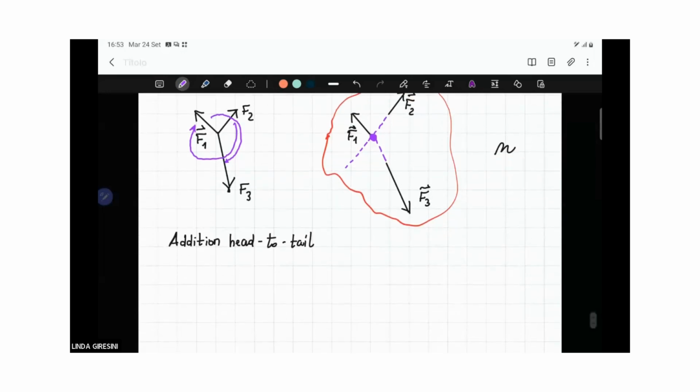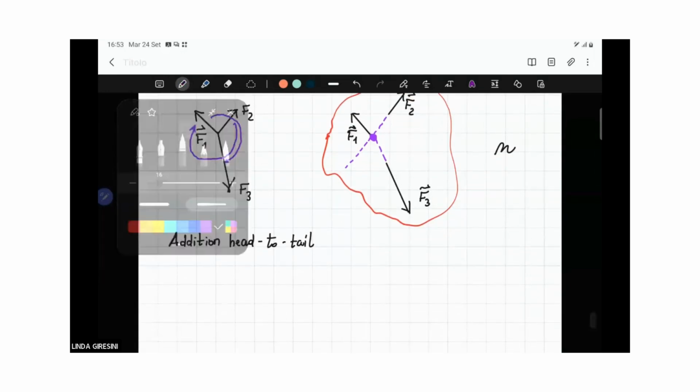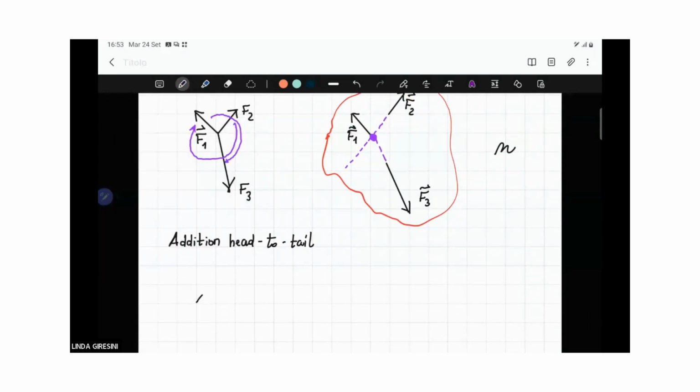For example, let's start from F2. So we take first F2, we put F2 in here. Then it's called head to tail. So we have to take the tail of F3, which is the last point. So this is F2. We attach to the head of F2 the tail of F3, and we have this.